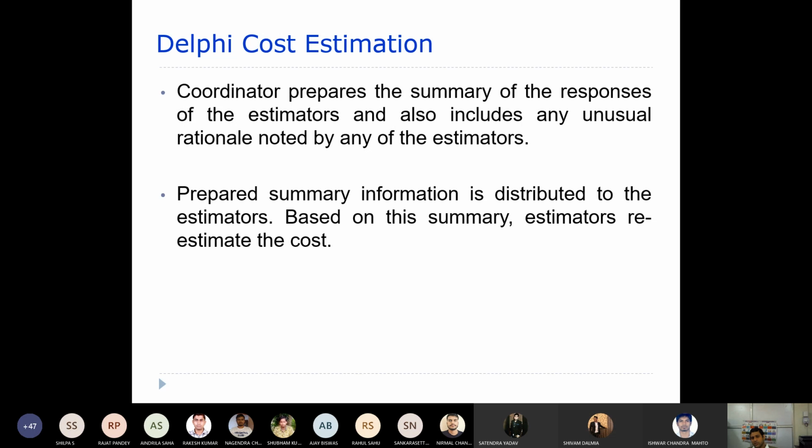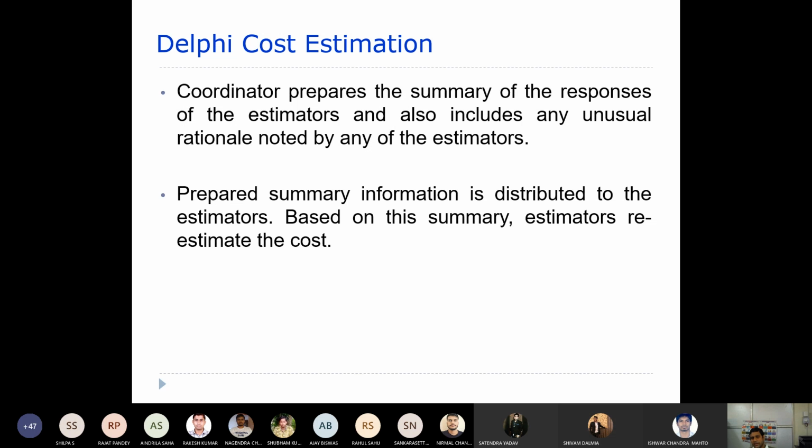This prepared summary information is again distributed to the experts. After taking all the estimations from the experts, the coordinator will prepare a summary, and that summary will contain all the estimations of the experts as well as any characteristics that influenced their estimations, right?